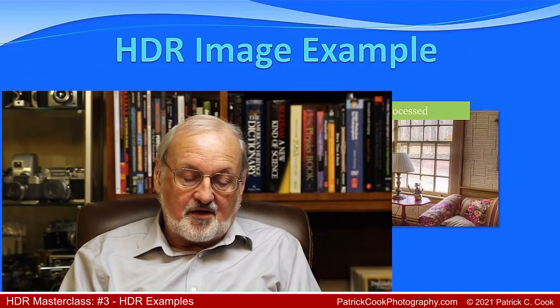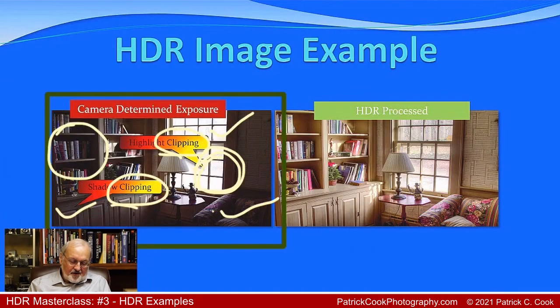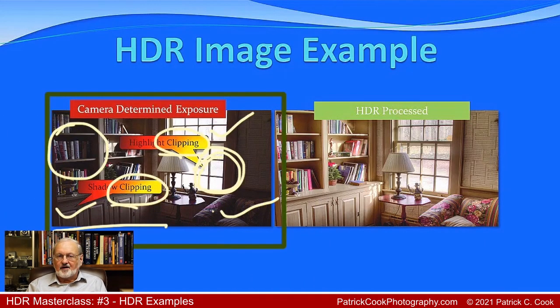So clipping here on the shadow side would mean that there is no numeric value that the camera can assign to those blacks. And clipping on the highlight side means that the camera is not able to assign a numeric value above 128, which would be pure white.